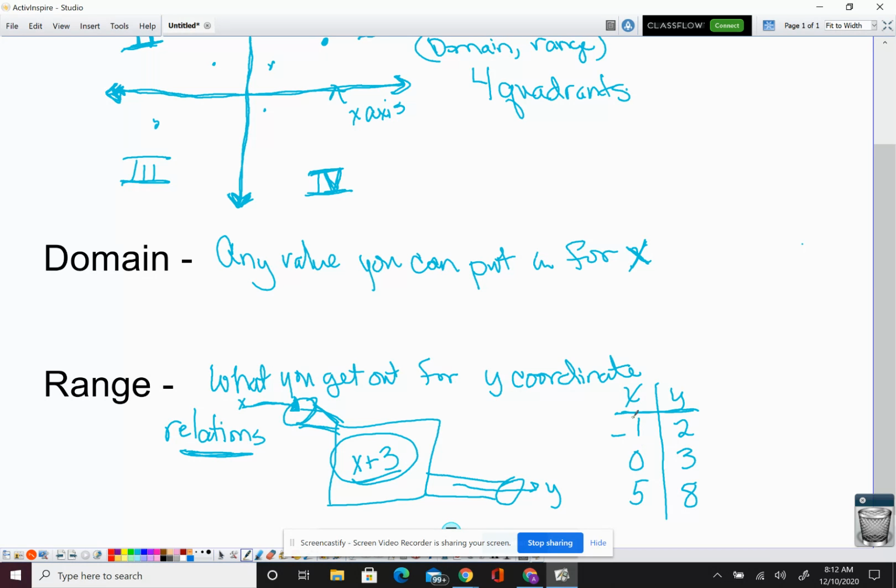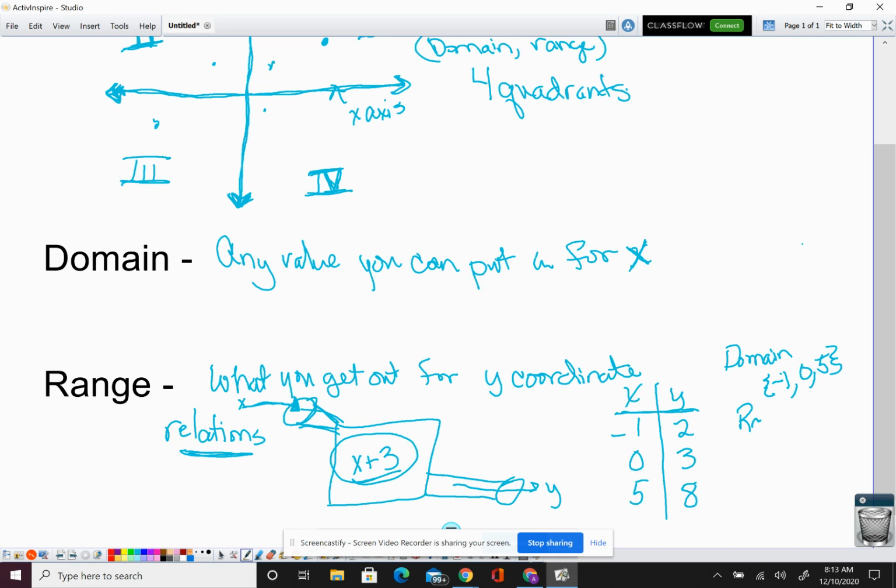These three values, if this is all that's given to me in the table, and they ask me what my domain is, my domain will be the set of numbers -1, 0, and 5. It's just those values if they give you this table.